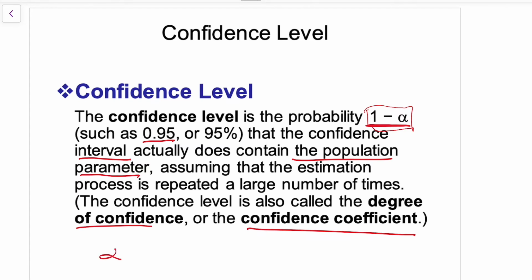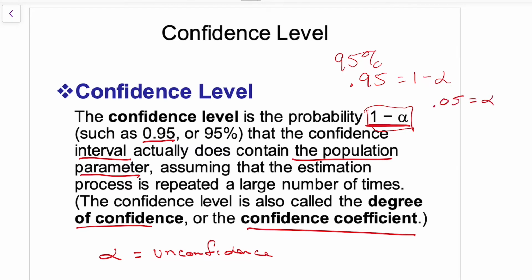We can think of alpha as our level of unconfidence, right? If we are 95% confident, that tells us that 0.95 needs to equal 1 minus alpha, right? If we're 95% confident, that means we have a 0.05 level of being unconfident. This value, the unconfidence level, will come into play when finding these confidence intervals.